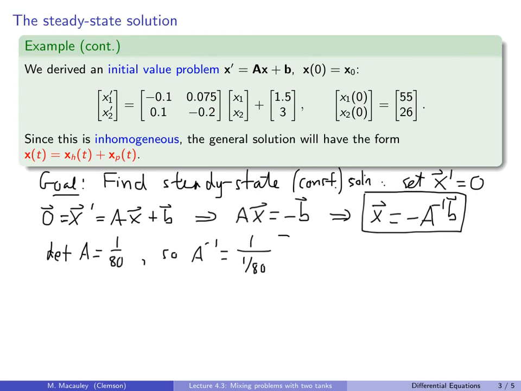So in other words, we write negative 0.2 and negative 0.1. And then we swap the sign of the other two entries, so we have negative 0.075 and then over here negative 0.1.